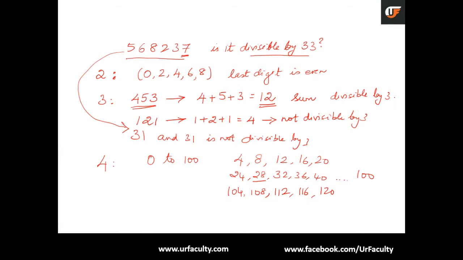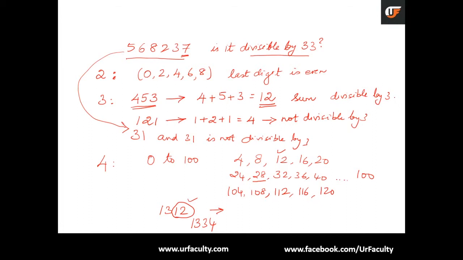So let's take an example here. Let's take 1312. We need to find out if this is divisible by 4 or not. We just need to check the last two digits. If this is divisible by 4, yes, then the whole number is divisible by 4. Let's take another example, 1334.